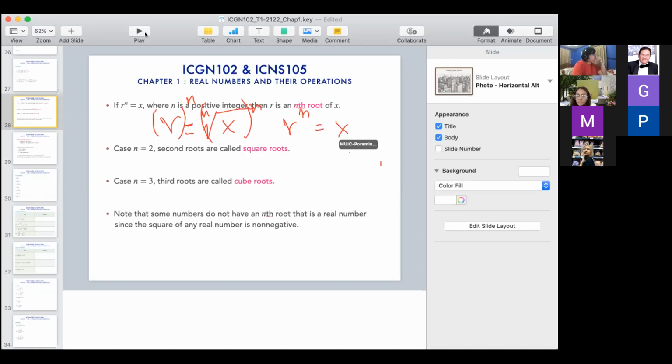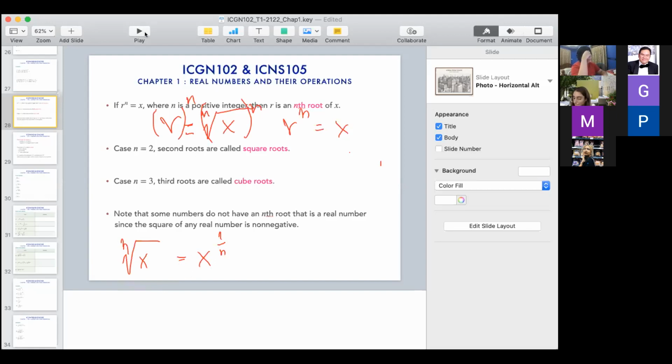Apart from this, the next thing I want to tell you is that when you have the root symbol, for example the nth root of x, you can also write it as x to the power of 1 over n. It's the same thing.